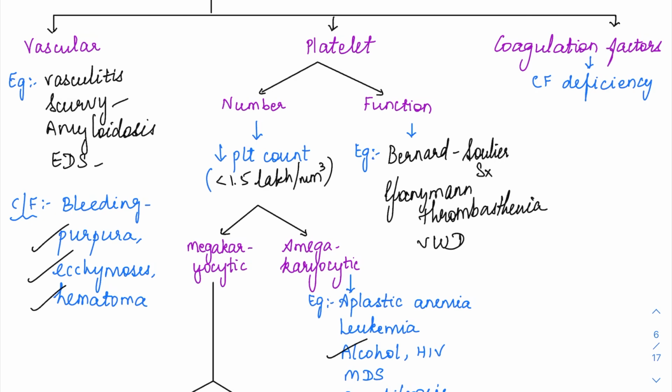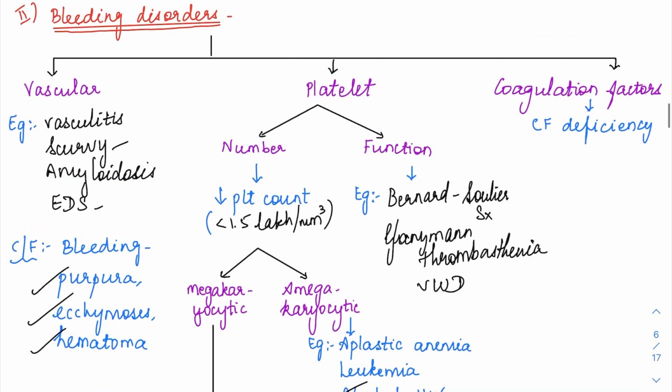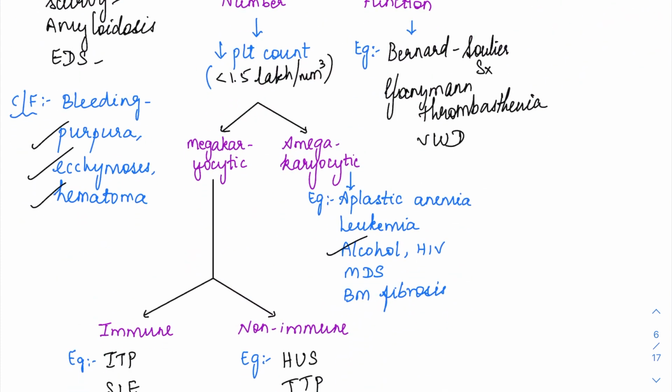In general, if you see any vascular pathology and check the coagulation profile, BT, platelet count, PT, APTT are all going to be normal because the platelets are normal and coagulation factors are normal. So all of this will be normal in a vascular pathology.